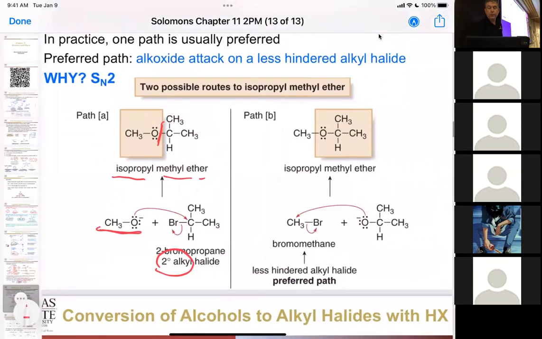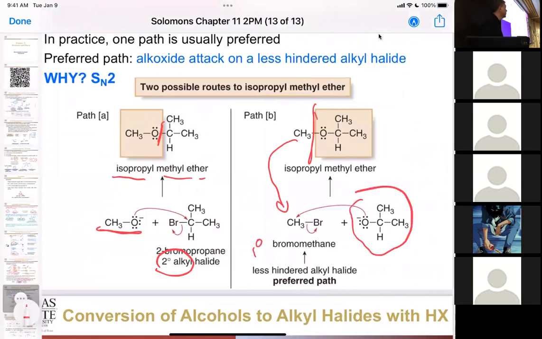Now, if we go over here and cut it here, that makes the methyl group our primary alkyl halide, and makes our alcohol the secondary alcohol, but it's still nucleophilic. Tertiary alcohols are not that nucleophilic, but if you only have a methyl halide, it only has one choice. It can only do SN2.